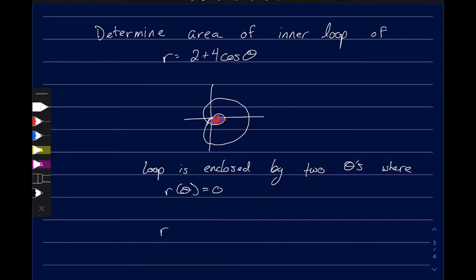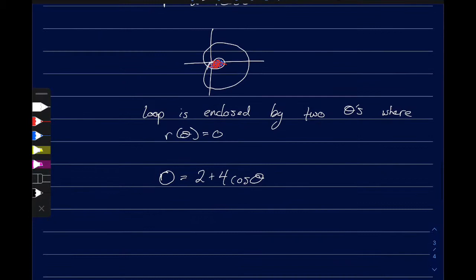So let's go ahead and set r equal to 0 and solve for theta. So we're going to say 0 is equal to 2 plus 4 cosine theta. So cosine of theta is going to be equal to negative 1/2. And that tells us that theta is going to be equal to 2 pi over 3 and 4 pi over 3.